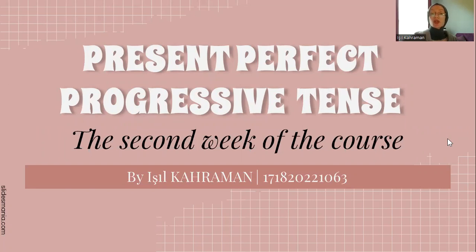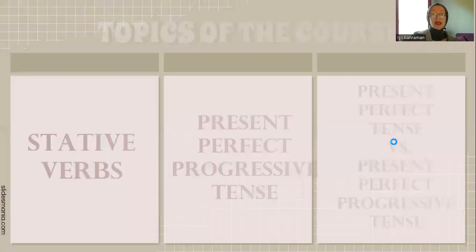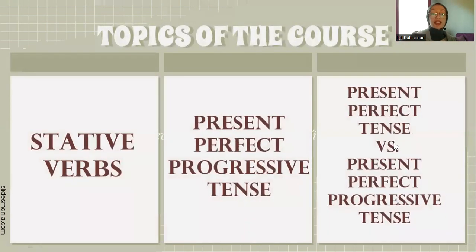Today we are going to talk about present perfect progressive tense, and this is the second week of the course. Let's continue with our topics. Our first topic is stative verbs. We will learn what stative verbs are, but we already know them.